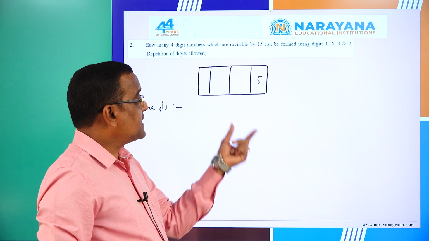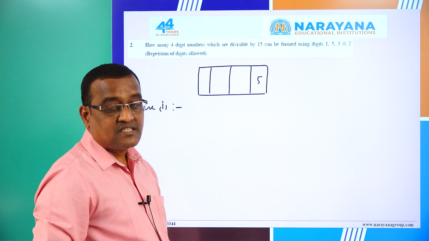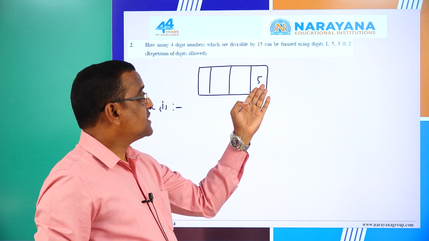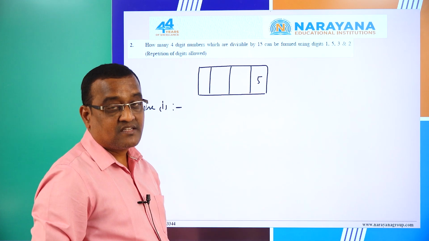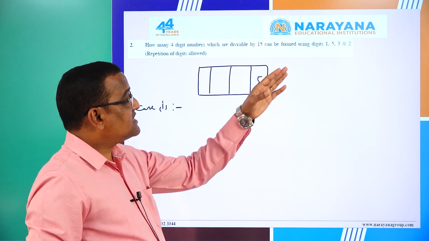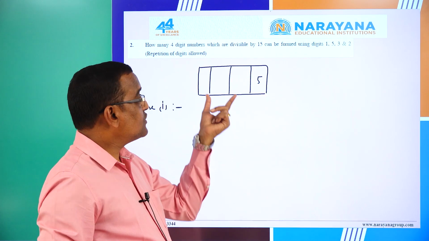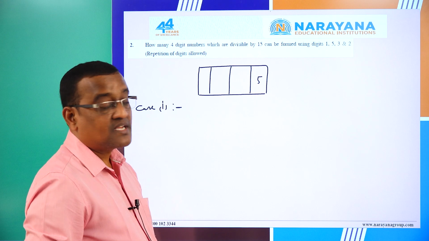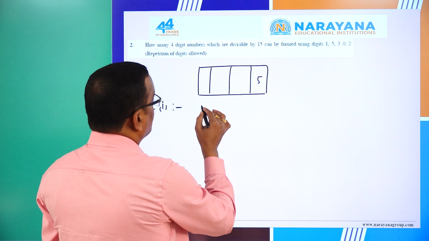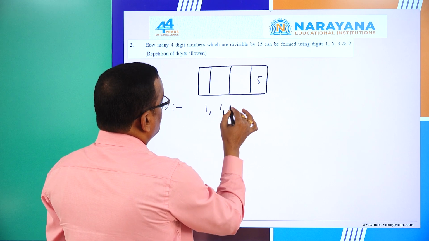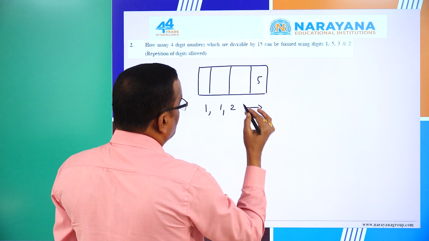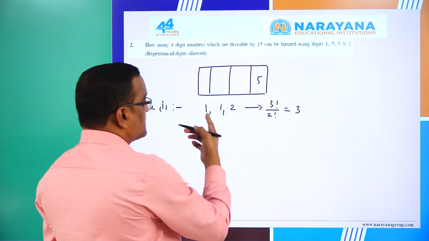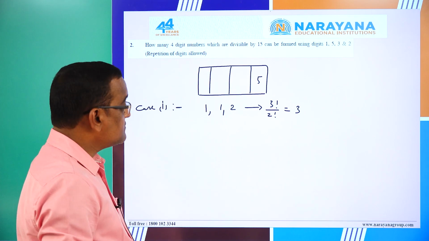That's why these 3 places sum is 4, that is the least sum, so that the sum of the 4 digits is a multiple of 9. So select the 3 digits with repetition allowed, so that the sum of the first 3 is 4, so that the 4 digit sum will be 9. So only one case is there, that is 1, 1, 2, and these 3 we can interchange in 3 factorial by 2 factorial ways, because 1 is repeated 2 times.